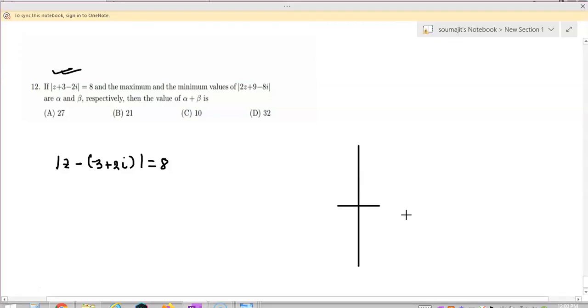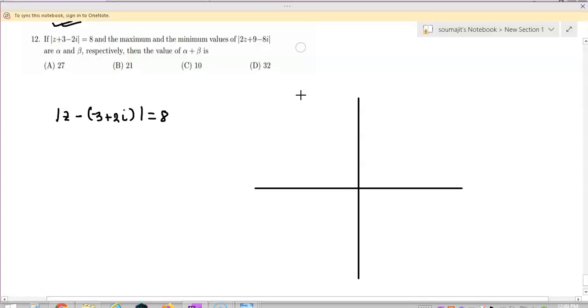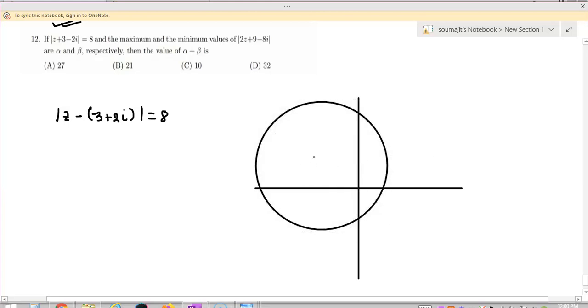Let this be our axis and this be our circle, something like this, and this point is our center, -3 comma 2i.